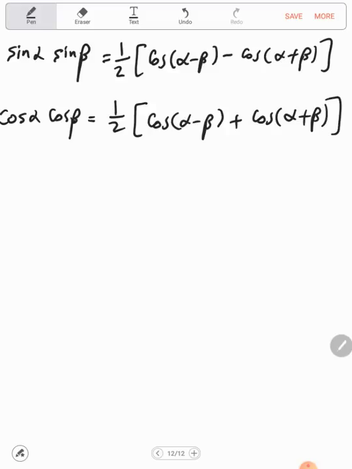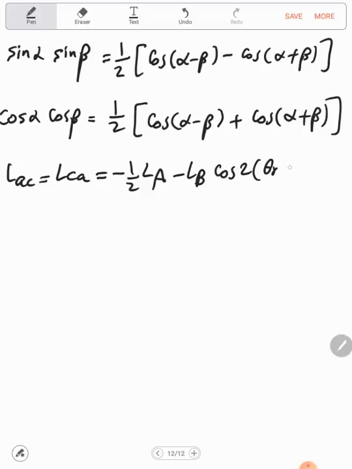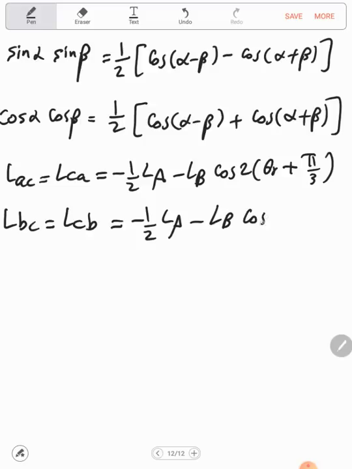Now in the same fashion we can calculate LAC, which equals LCA, and this will equal minus 1 over 2 (LA minus LB) cosine (2 theta r plus pi over 3), and LBC will equal LCB equal minus 1 over 2 (LA minus LB) cosine (2 theta r plus pi).